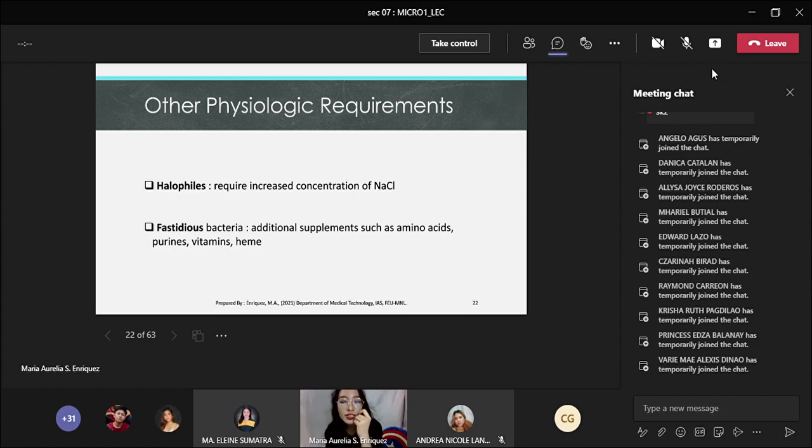Kapag sinabi naman pong fastidious bacteria, they require a few other specific sources of nutrients such as additional amino acids or vitamins or heme. So generally, mahirap pong magpatubo ng mga fastidious bacteria because they don't usually grow using routine culture media.